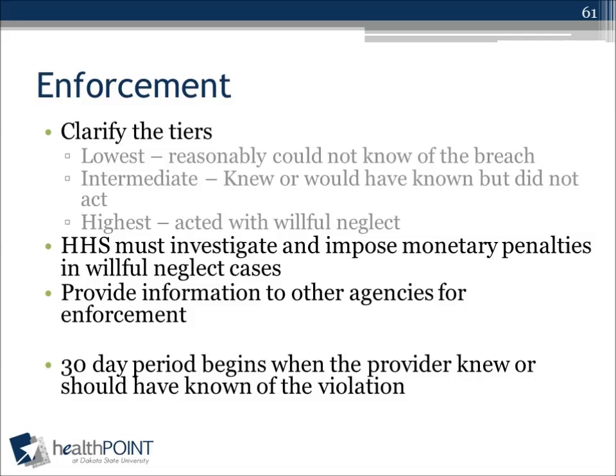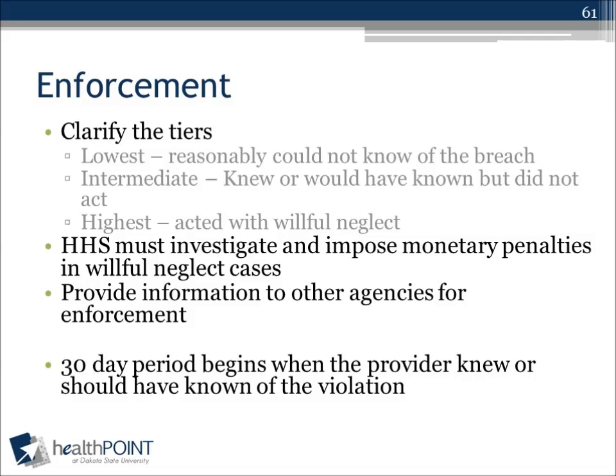HHS was required to investigate and impose monetary penalties in willful neglect cases. So anything that falls into that highest tier, they're required to impose penalties. They can also provide information to other agencies for enforcement, such as the Attorney General's office in your state, which could then bring criminal charges against providers, provider offices, pharmacies, and people who work at them, as well as civil suits.